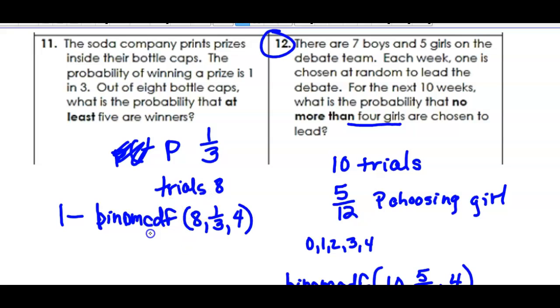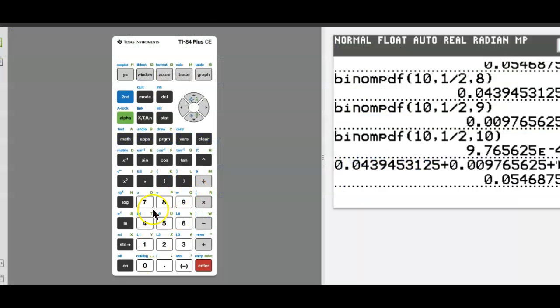Okay, so you could do PDF, but you'd have to add the number of successes at 5, 6, 7, and 8. So if you did it as a PDF, you wouldn't need the 1 minus, but you'd have to add up 4 different numbers. But if you do it this way, you can do it all at once.